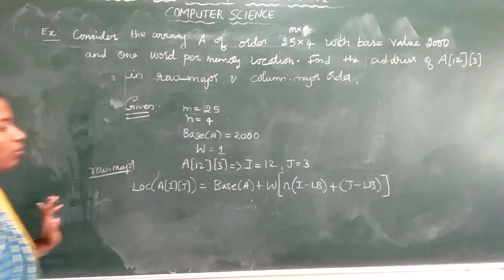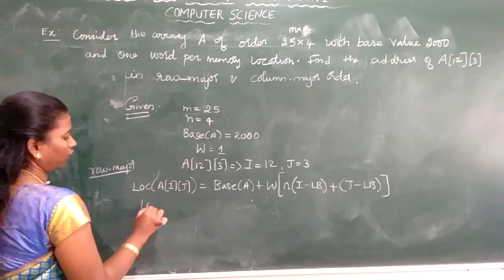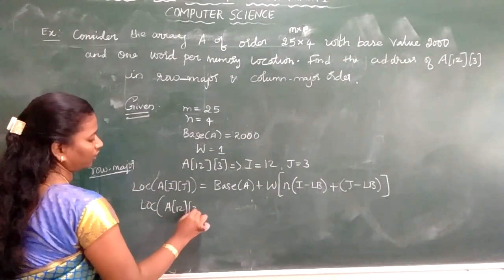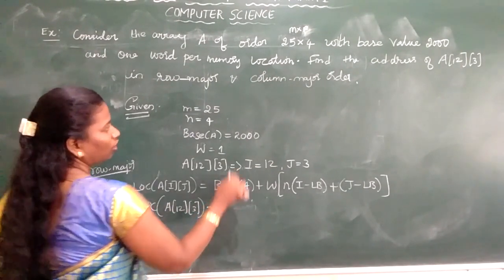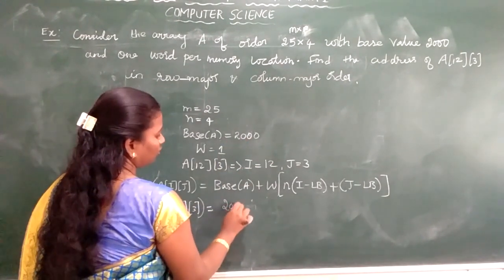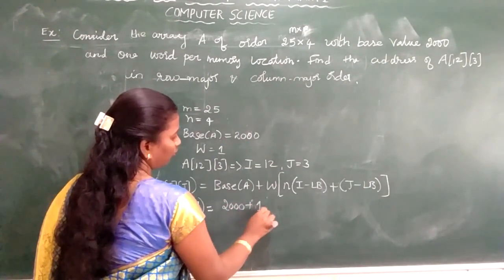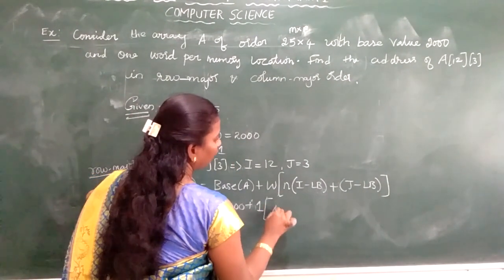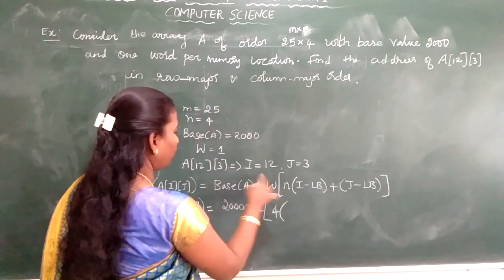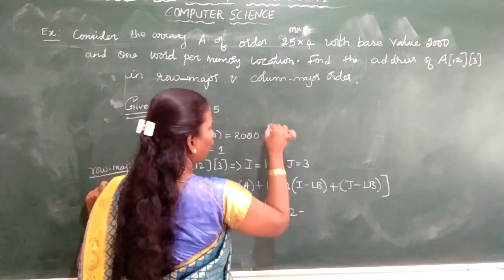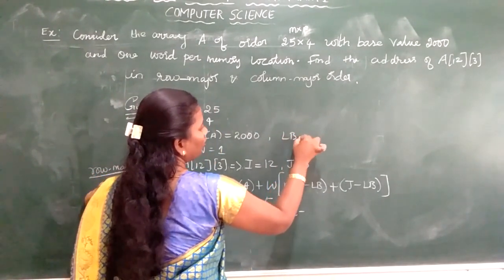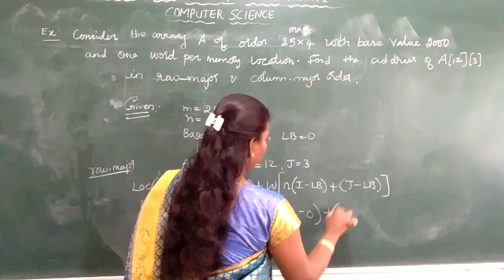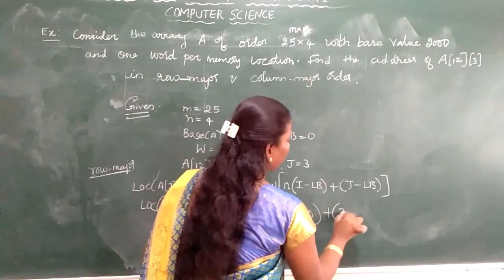So this is the formula. Now I substitute location of A of 12 and 3 is equal to, what is your base? 2000. W is 1. N is 4. Your I value is 12 minus your lower bound. Your lower bound is always 0, plus your J value is 3 minus 0.